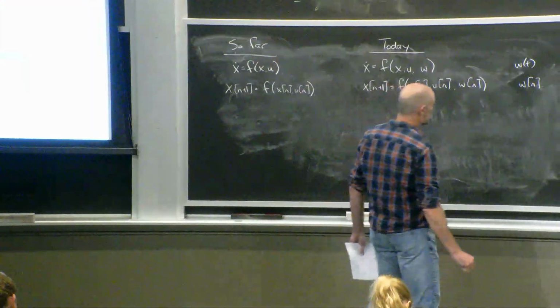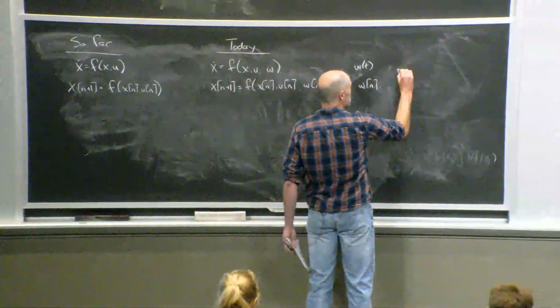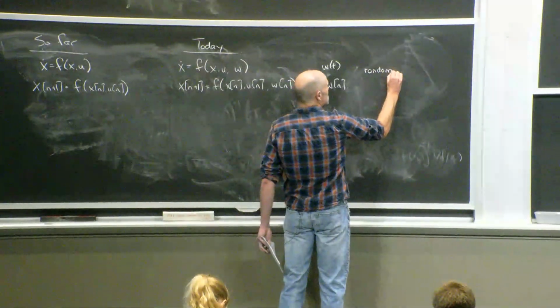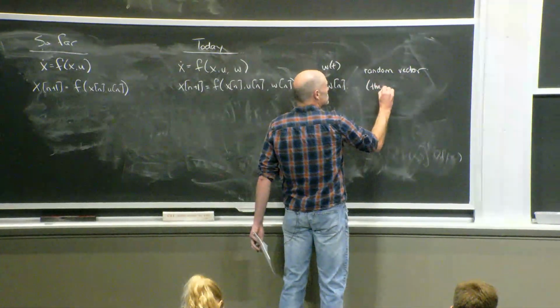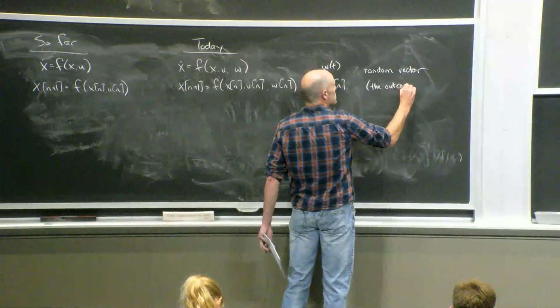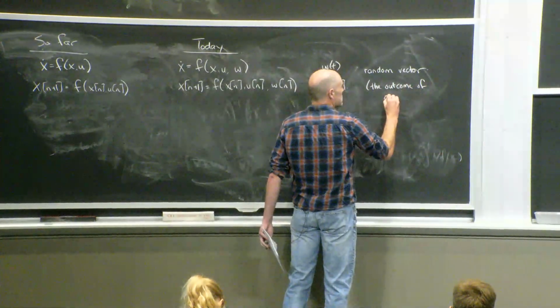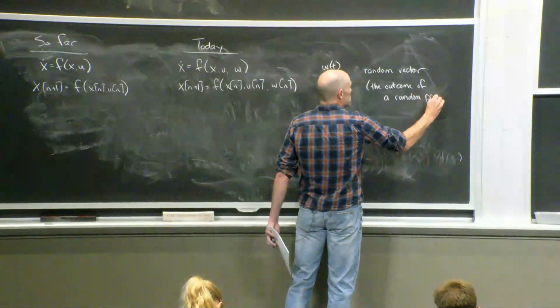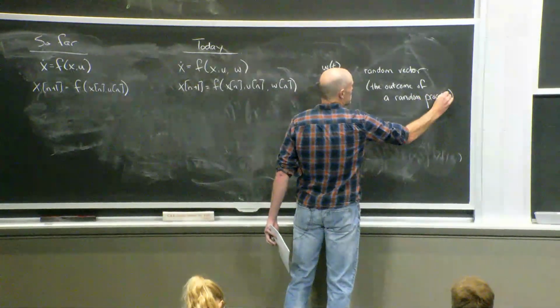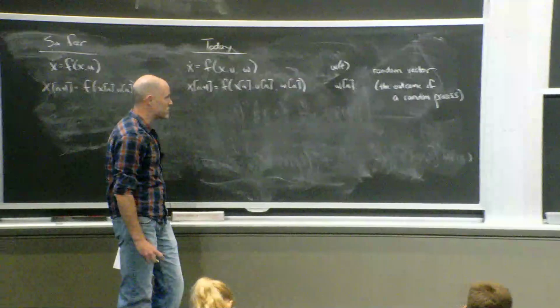So it's a random vector, the outcome of a random process. And we'll define that in a couple of precise ways today.